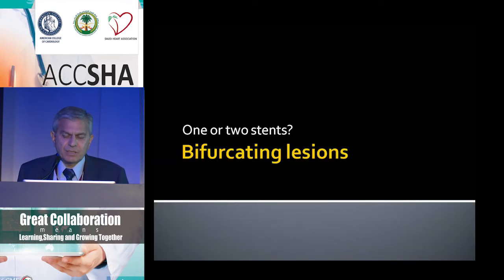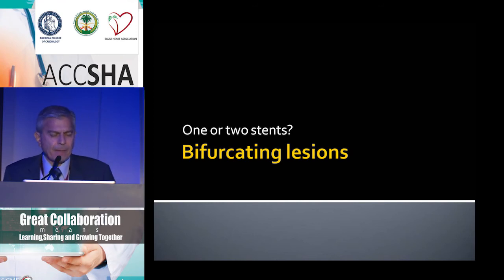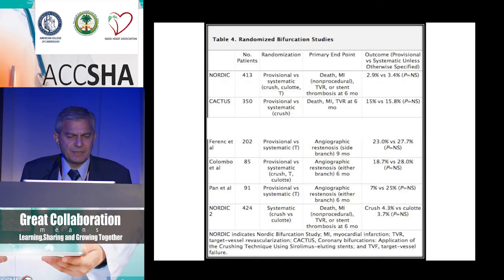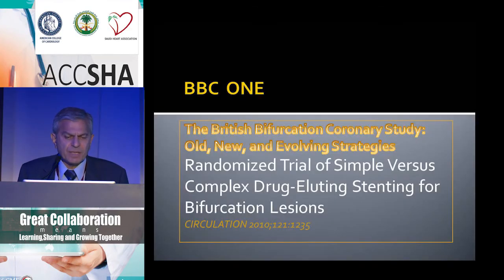Now I'll give you just two quick examples of complex anatomy. One of them is bifurcating lesions, but for the sake of time, I'll quickly tell you that there was this important study called BBC1 that randomized a simple strategy, meaning one stent, versus two stents in bifurcating lesions.